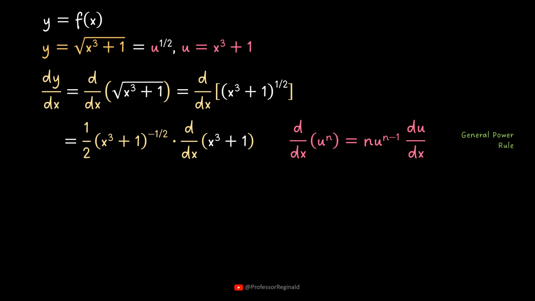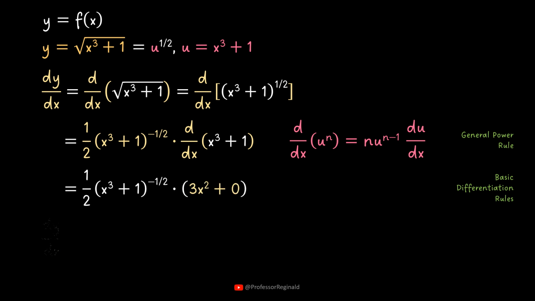And then apply the basic power rule for the remaining derivative. Therefore, dy dx equals 3x squared all over 2 times the square root of quantity x cubed plus 1.